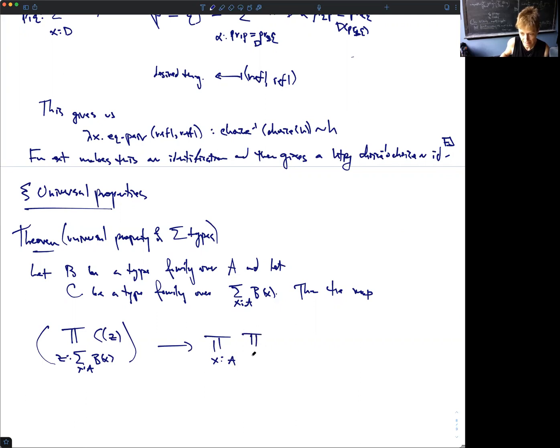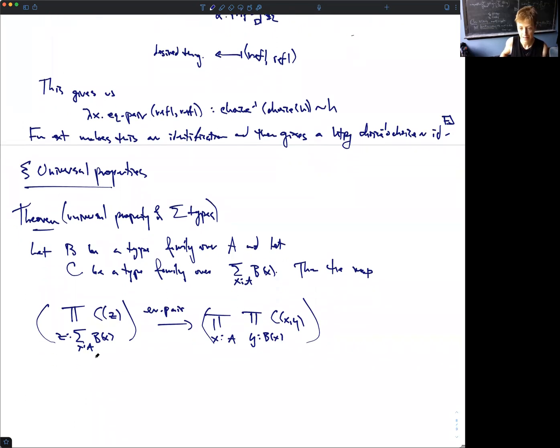So we'll take an x in A and a y in B of x into C of (x,y). And this map is ev-pair, same ev-pair we've seen above, given by f maps to, for all x, for all y, we just apply f to (x,y). So this map is an equivalence.